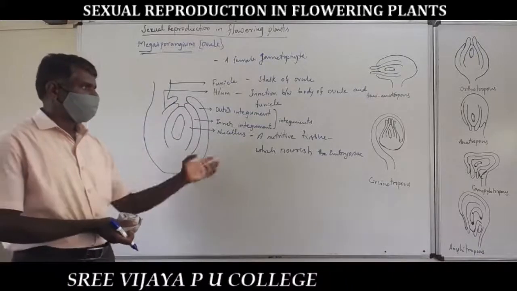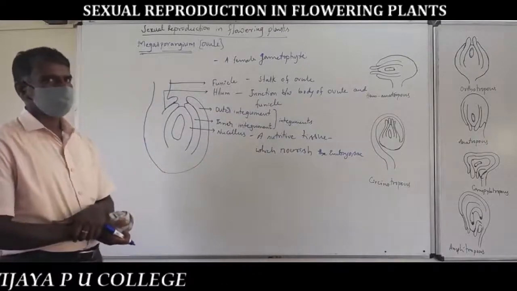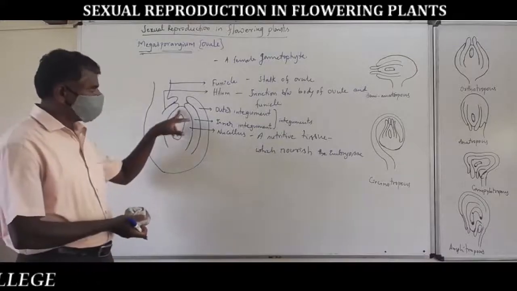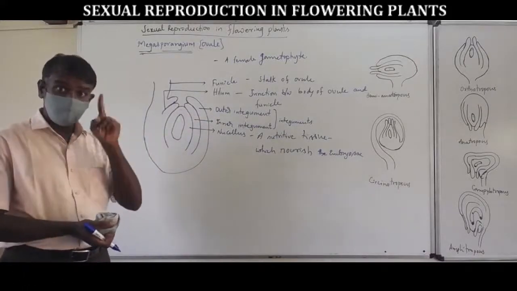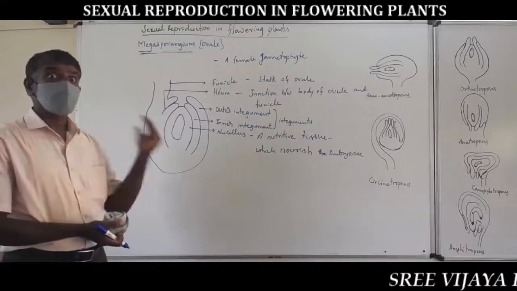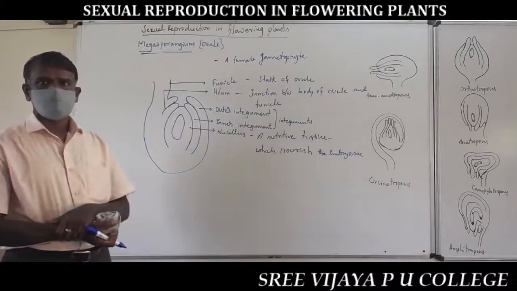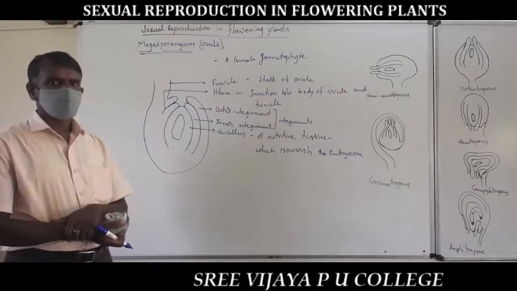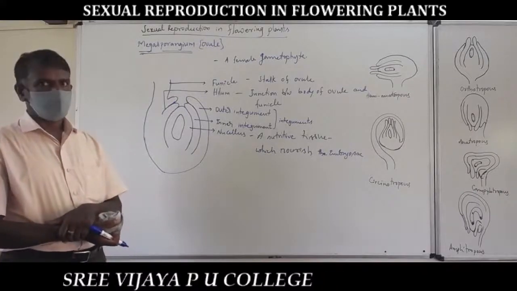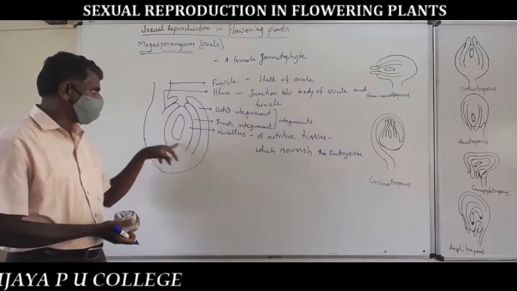We discussed how the embryo sac is developed. At the time of development, one of the larger cells, the archesporium cell, divides periclinally, leading to two cells: the outer parietal cell and the inner sporogenous cell. That cell leads to the formation of a complete embryo sac.